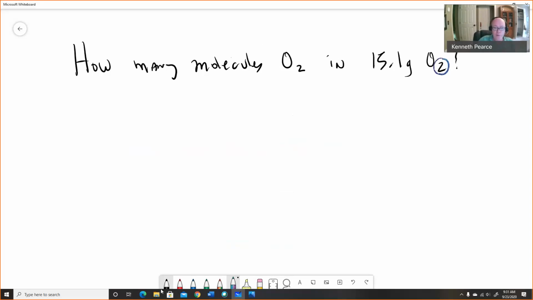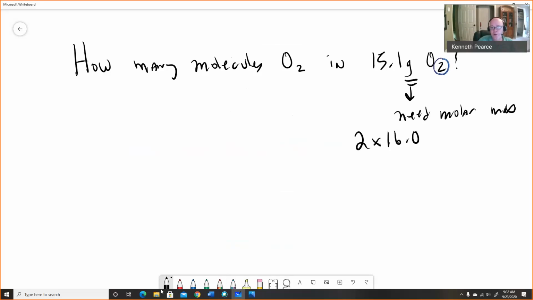So the molar mass of oxygen, and I know I need the molar mass because what do we see here? We see grams. Anytime you see grams, you need the molar mass. And what's the molar mass for oxygen? Well, that's 2 times 16.0, because there's 2 oxygens in oxygen gas.